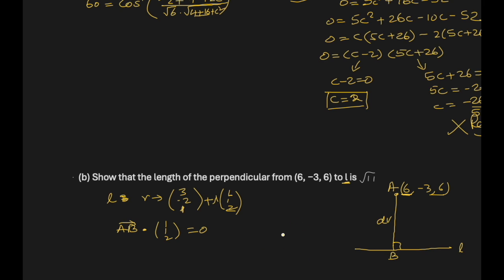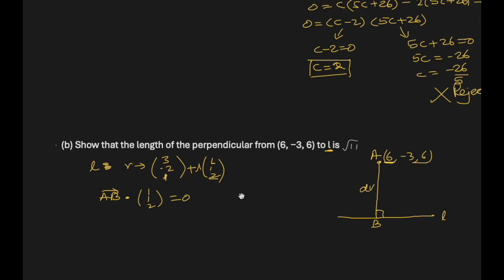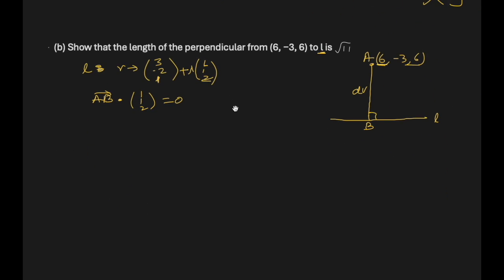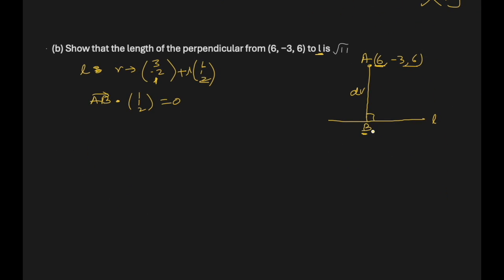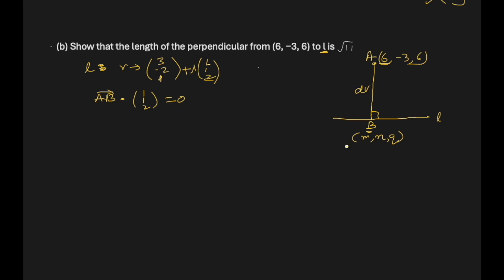So for finding this direction vector AB, I need the coordinates of B. But we know that coordinate B is lying on L. That means this particular equation applies to B as well. So let's say the coordinates of this are M, N and Q. Since it is on line L, it will obey this equation.